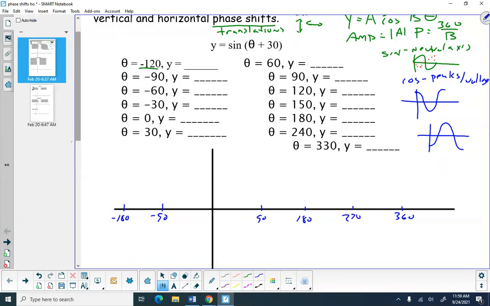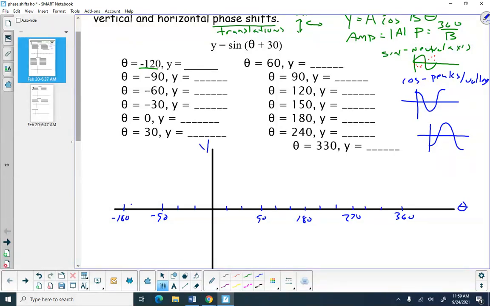And once again, label your axes. We're going to divvy these up into thirds. So I have 30 and 60 there, and I divvy these up as best as possible into thirds.